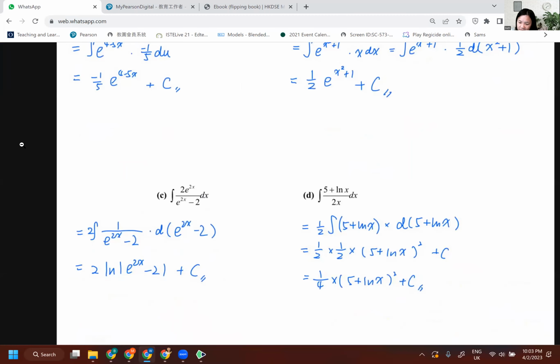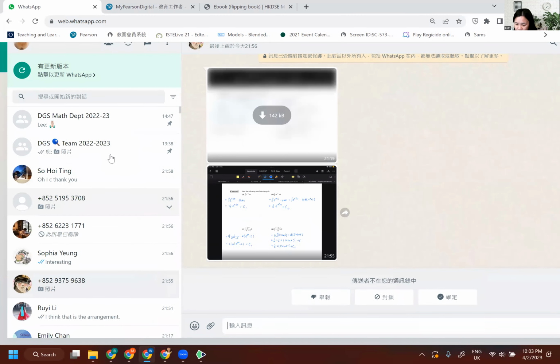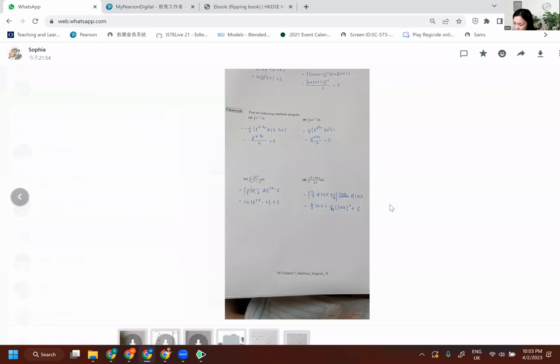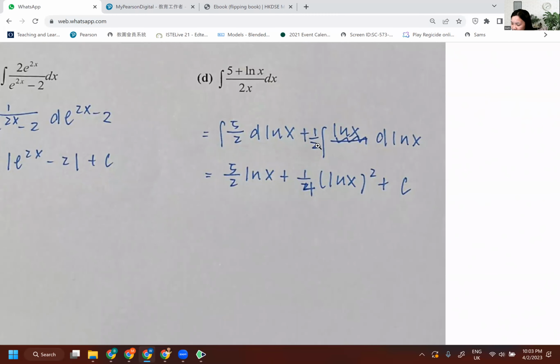I was looking at, I think it's Sophia's answer. Sophia's is very short. But this is what I mean: you have 5/2 and log x separated.